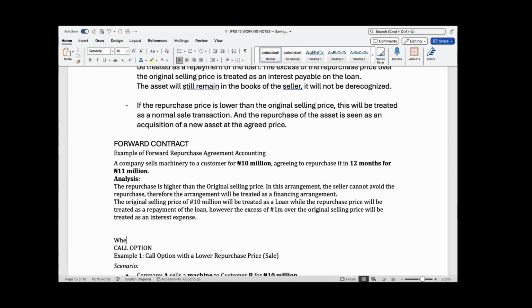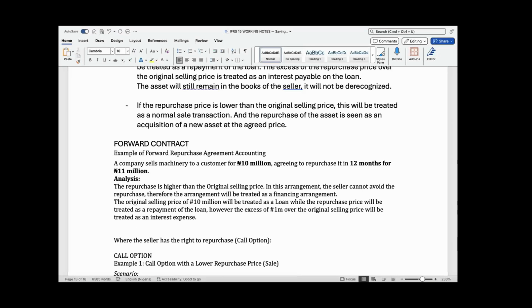The second one is where the seller has the right to repurchase, which we call a call option. So if the seller does not exercise the option, since he's not going to exercise the repurchase, that means the transaction will be treated as a normal sale transaction, meaning he has sold the asset.